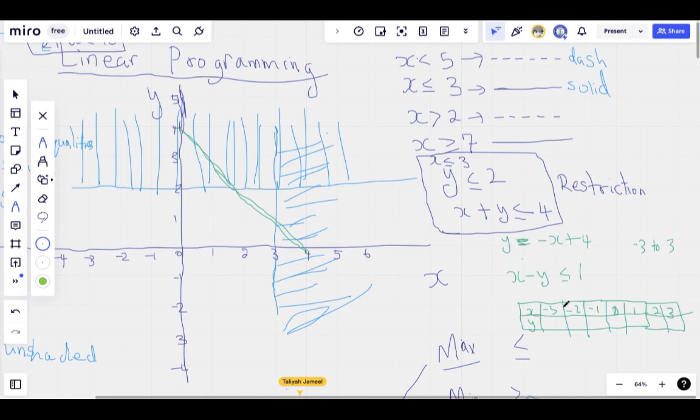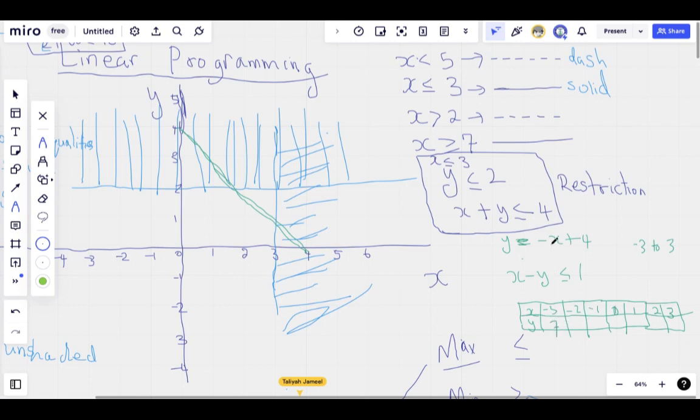So this is up to you. You choose the value the way you want, and then you put the value here. So if you put -3 here, x is -3. So minus -3 is already plus. So -3 minus -3 is +3. That's +3 plus 4 becomes 7. So here I get 7.